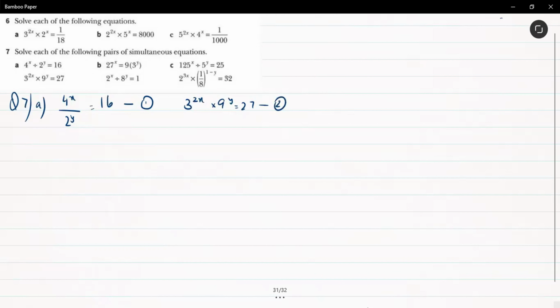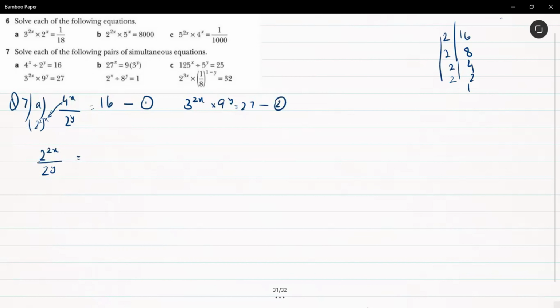So what I would prefer is 2 squared x, because 4 raised to power x is essentially equal to 2 squared raised to power x. So I would say this is 2 to the power 2x divided by 2 raised to power y is equal to, what is 16 in terms of 2? 2 8s are 16, 2 4s are 8, 2 2s are 4, and 2 1s are 2.